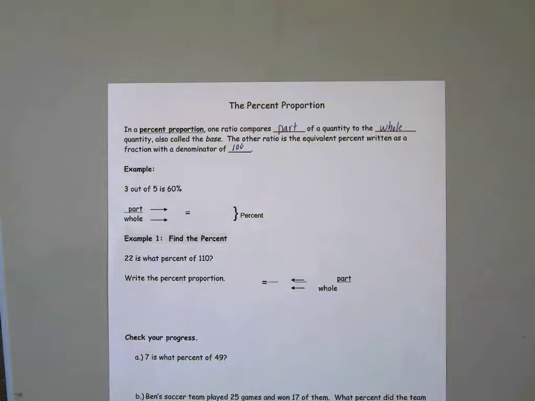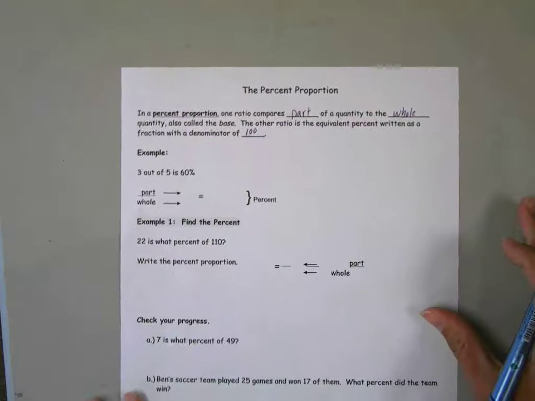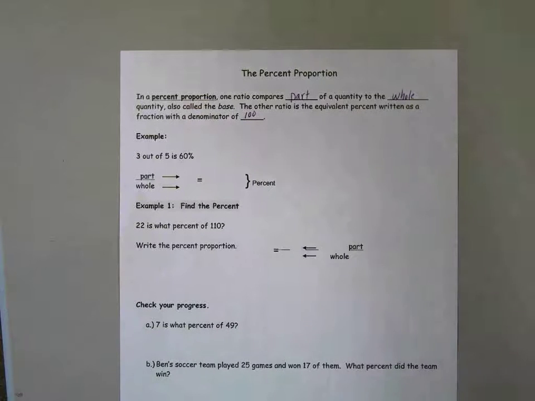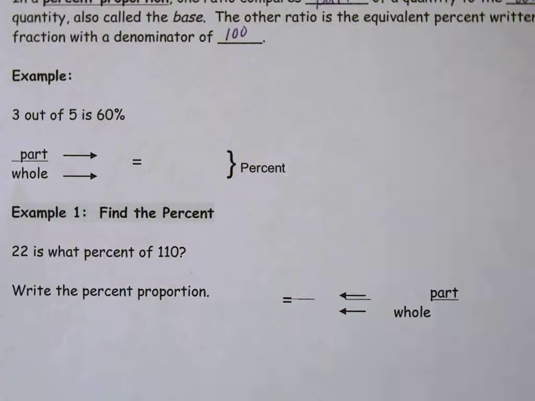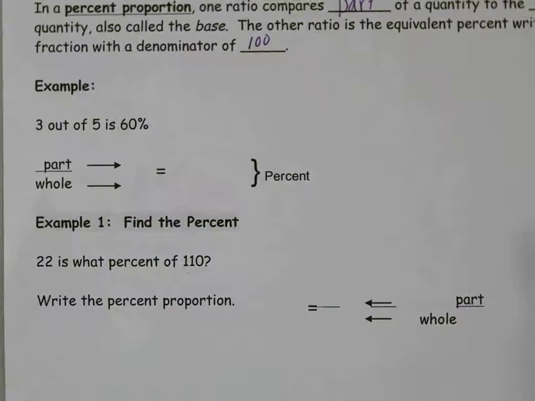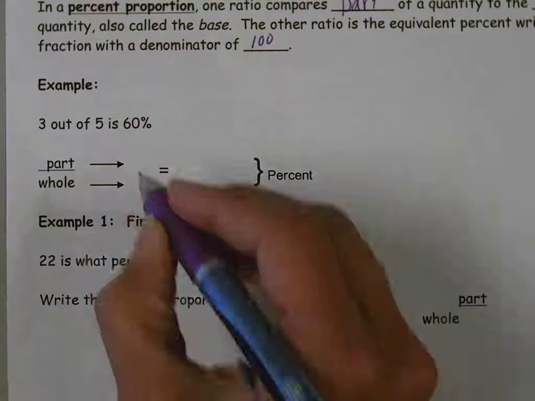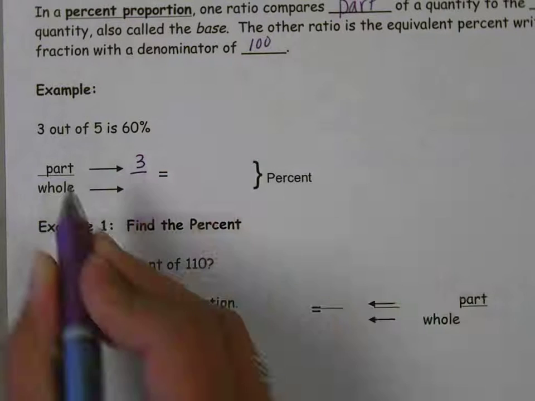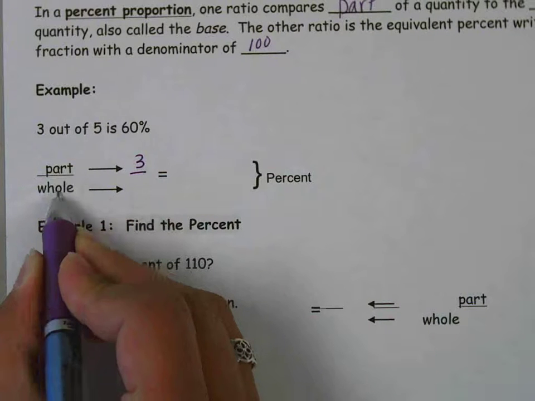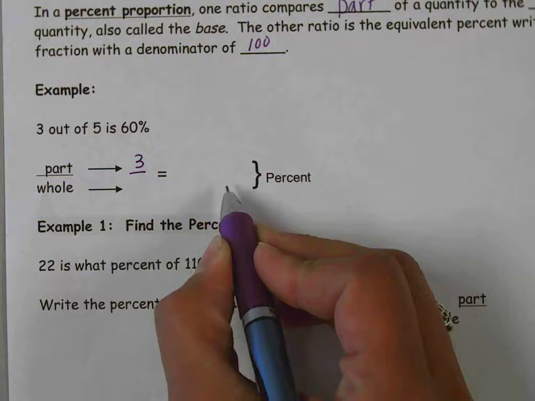So let's look at an example. 3 out of 5 is 60%. So when we look at this, if we're talking about 3 out of 5, 3 is our part. So our percent proportion is part over whole equals percent over 100.